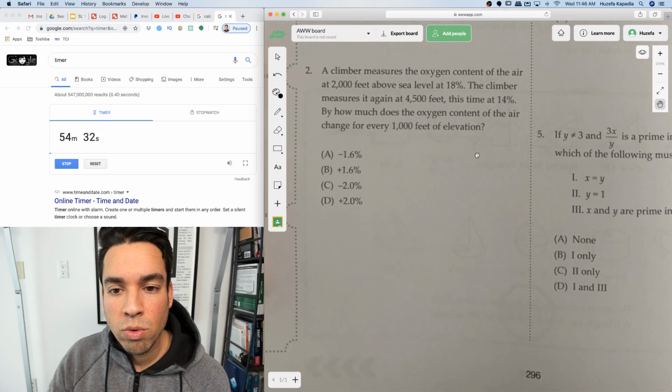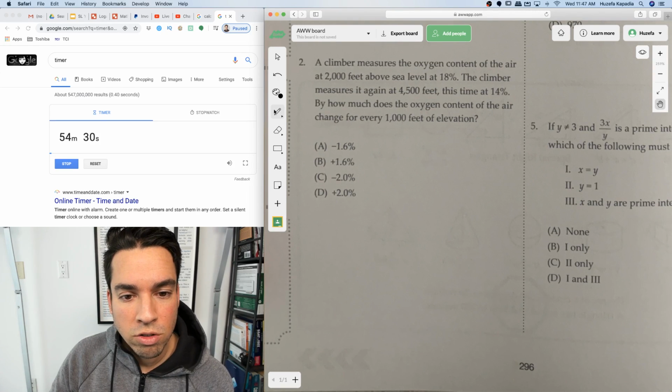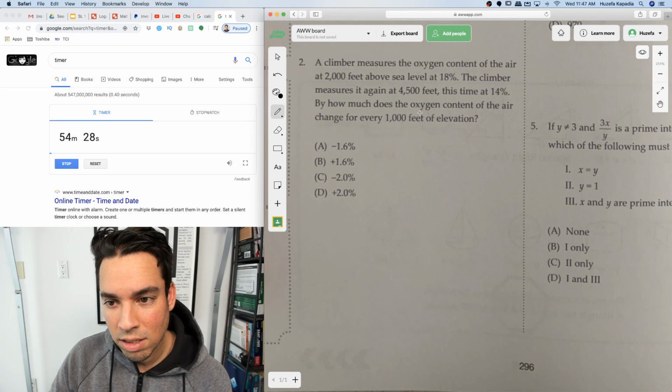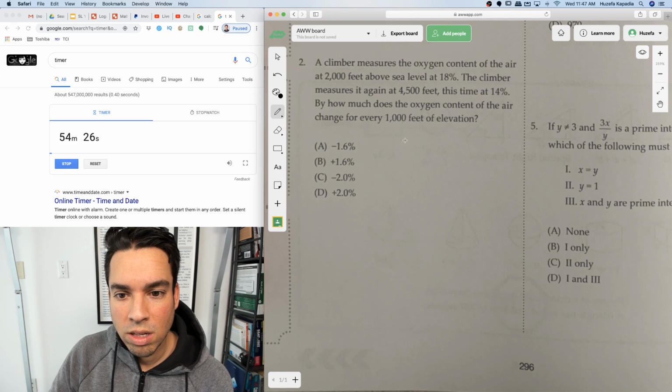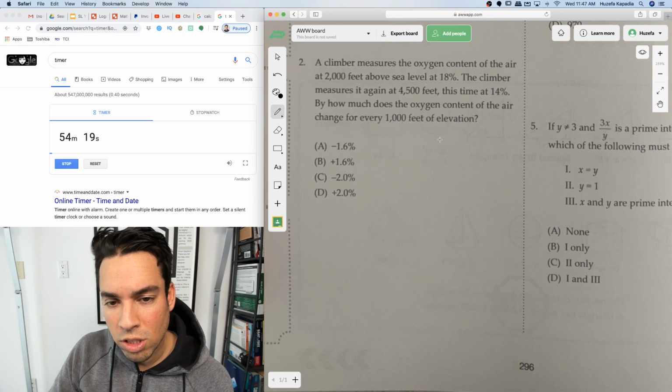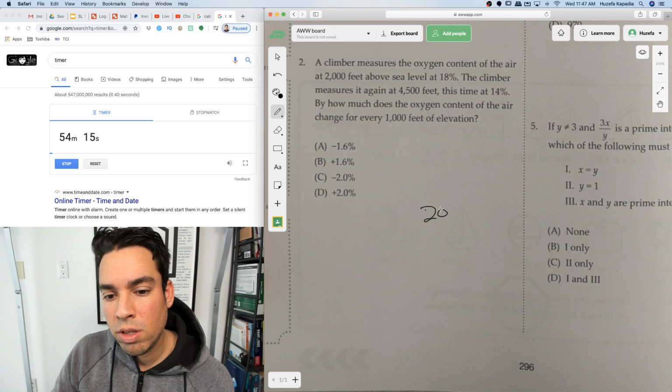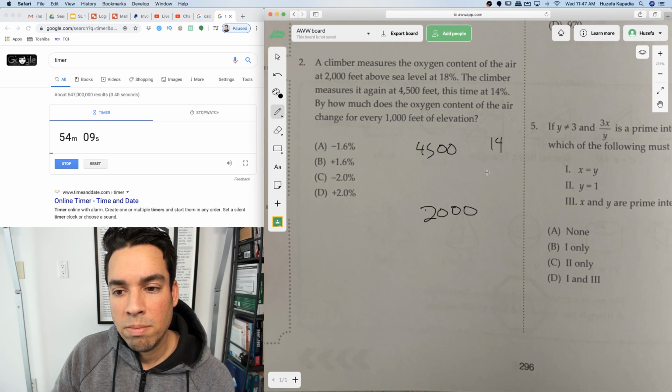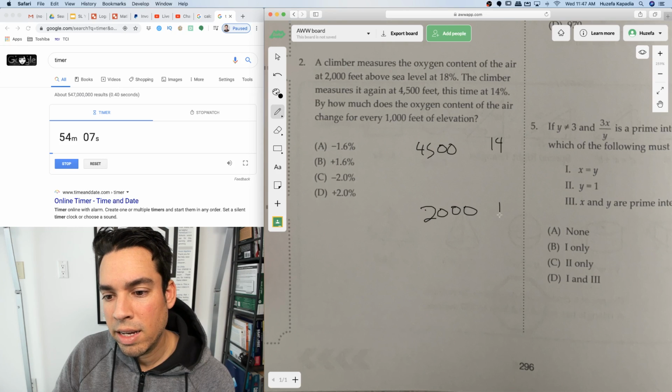Number 2, a climber measures the oxygen content of the air 2,000 feet above sea level at 18%. Climber measures again at 4,500 feet, it's 14%. How much does the oxygen content of the air change for every 1,000 feet of elevation? This is assuming it's linear, right? So if we have 2,000 and then up at 4,500, we're going 14, and here we're at 18.